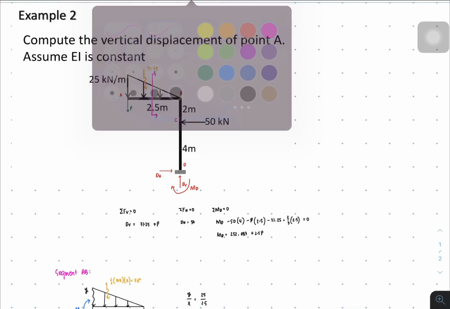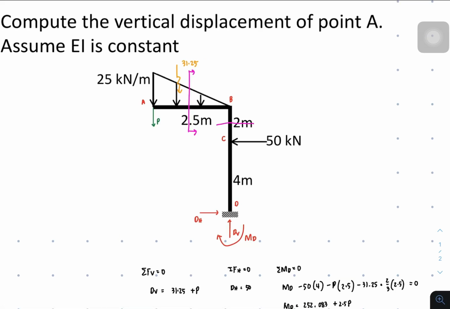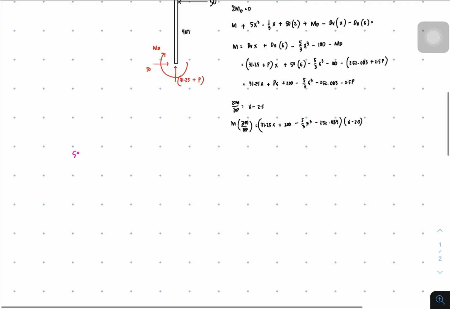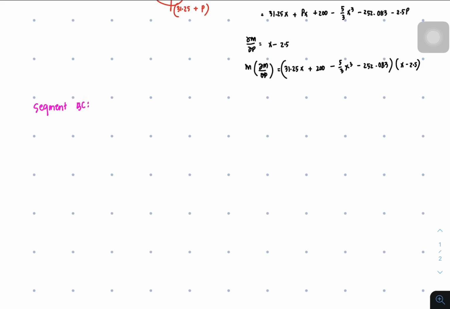So let us continue with the next segment, BC. For BC, we will be cutting this here, and I'll just consider this upper portion. And we have this segment, BC. So let's draw the figure.